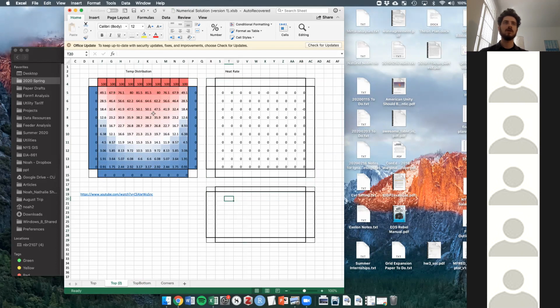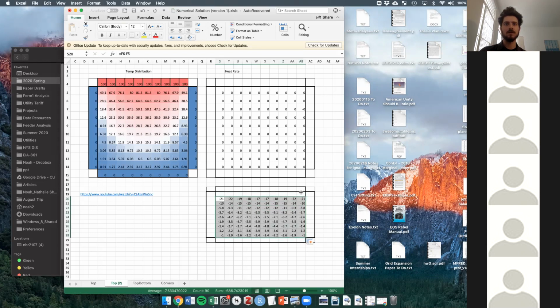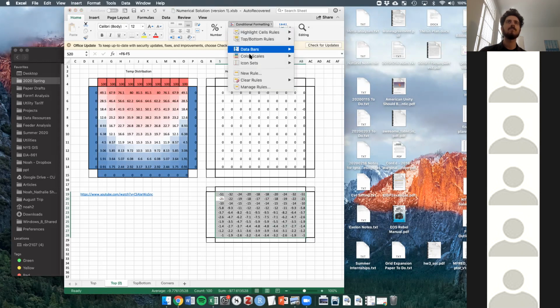Where you just look at heat flux in one direction. So if you did this guy minus this guy, you would want to have a K term. But you could get your heat flux in the x direction this way.